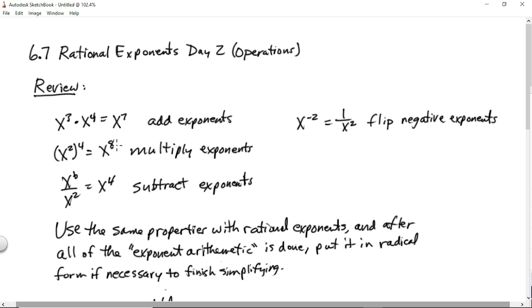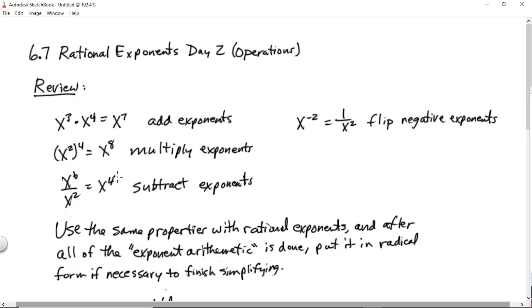Okay, for raising a power to a power, we have x to the second power raised to the fourth power. You multiply exponents. In this case, 2 times 4 is 8. And then we have division. With the same base, you have x to the sixth divided by x to the second.